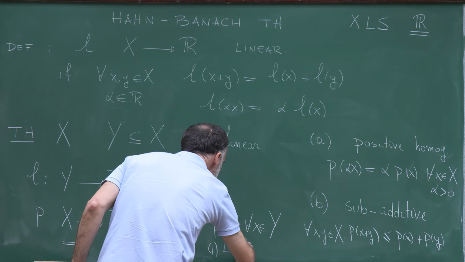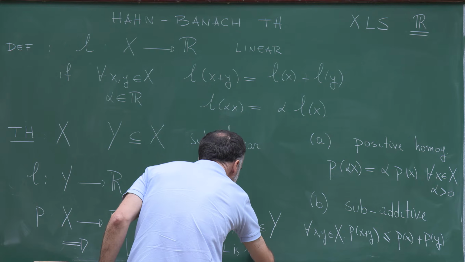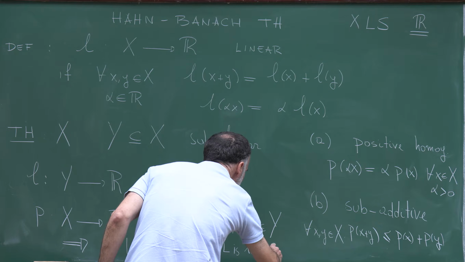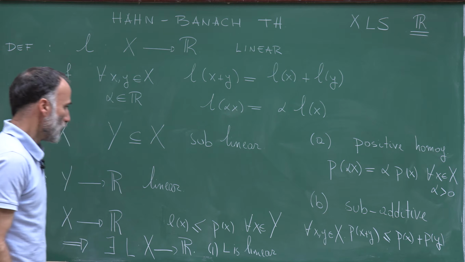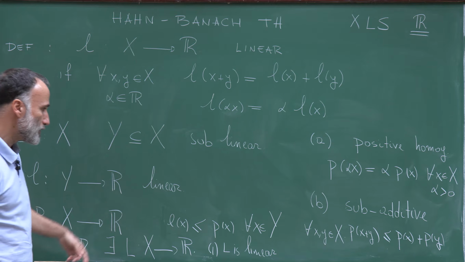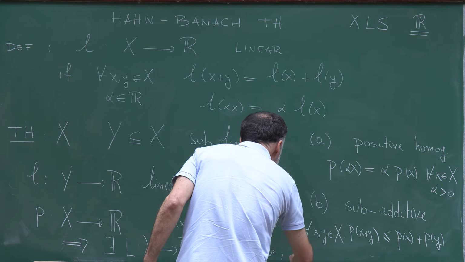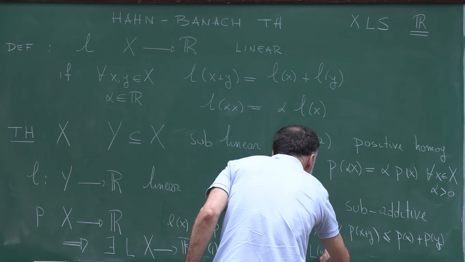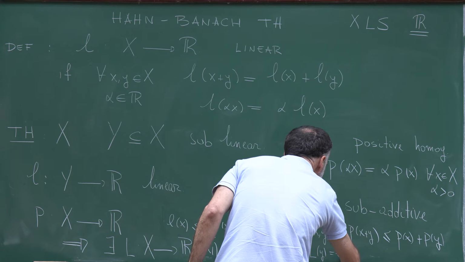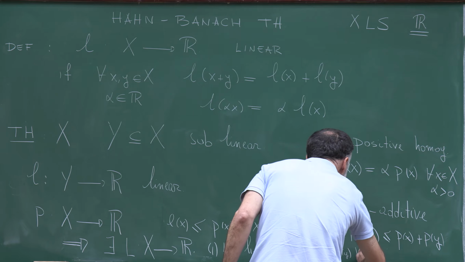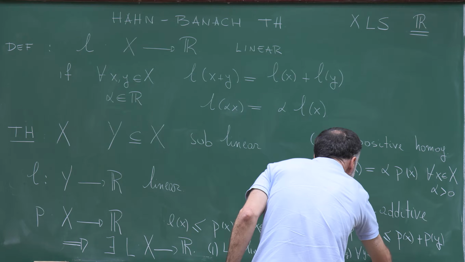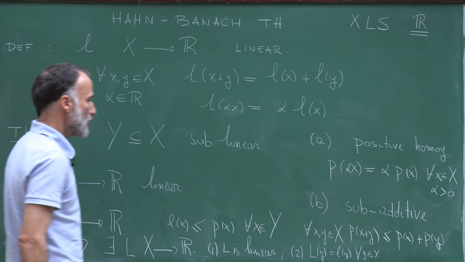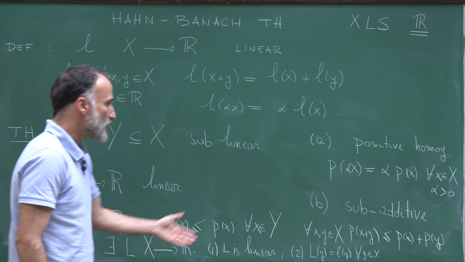L is linear, so we want to keep the linearity. L is an extension, so L of y is equal to l of y for all y in Y. And L remains bounded by P.